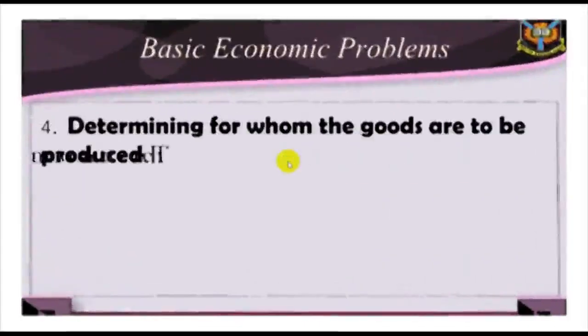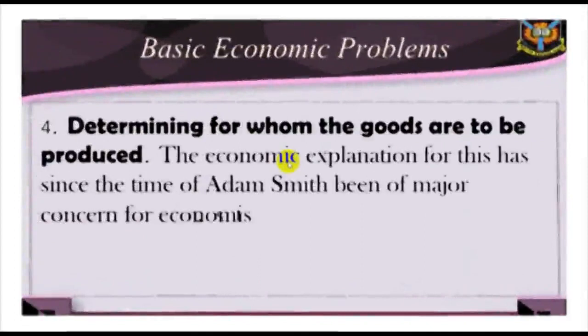determining for whom the goods are to be produced. That is, those who consume the goods produced. In real life, we know that few people consume a disproportionately large output of the society, while the bulk of the society has to take the remaining.